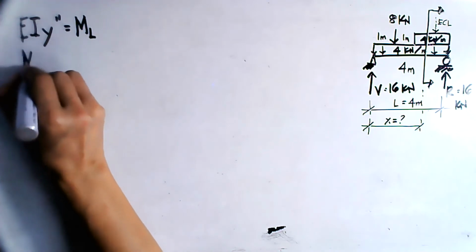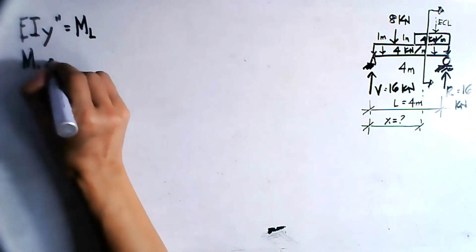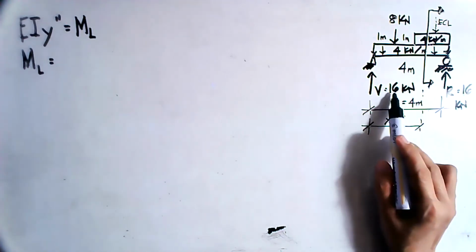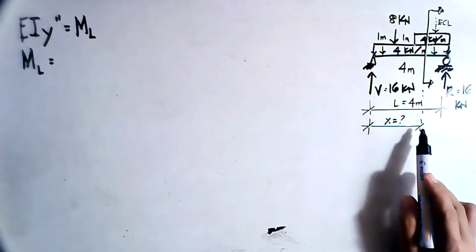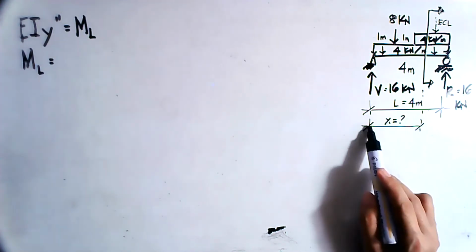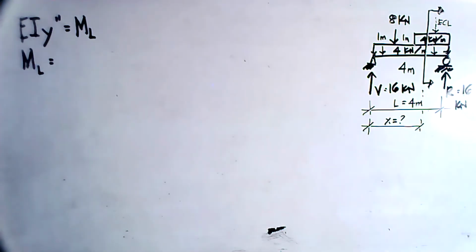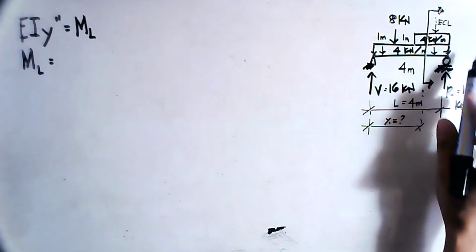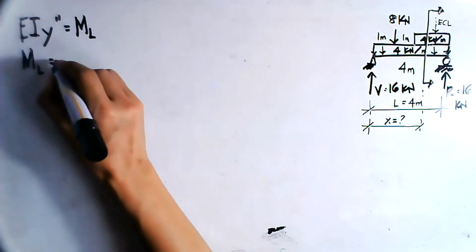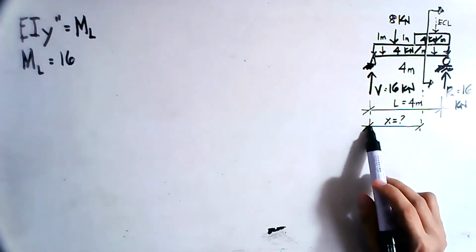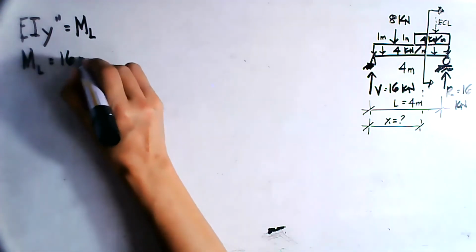So let us write first the moment equation. For the moment equation, we take moment at the left portion of the cut section. Remember that this is 16 kilonewton and that the distance from the cut section up to this point is x meters. So we have 16 kilonewton going in the clockwise direction. You multiply it by the distance, which is x.